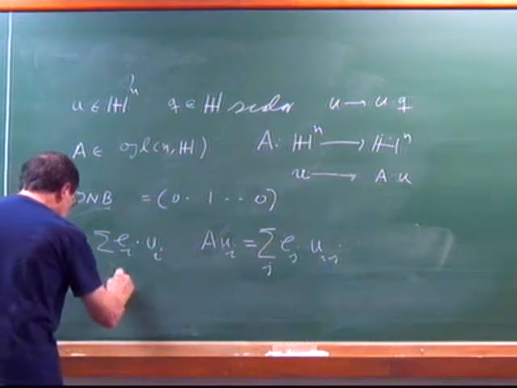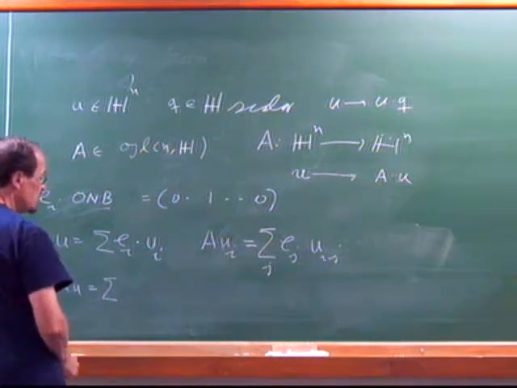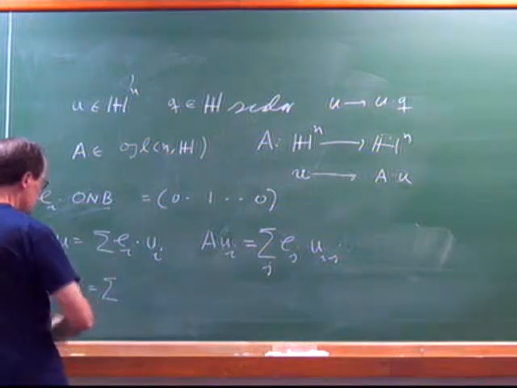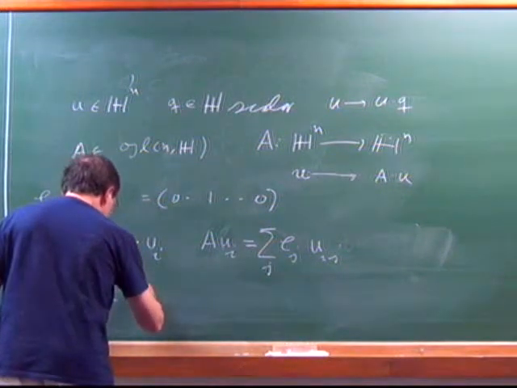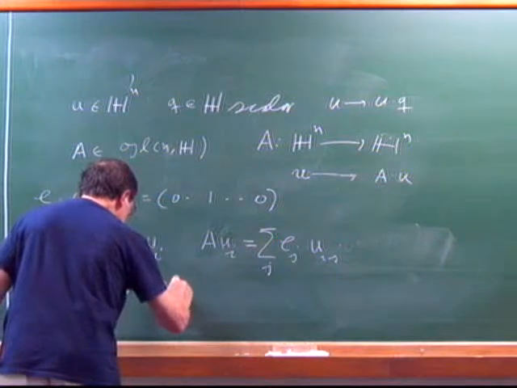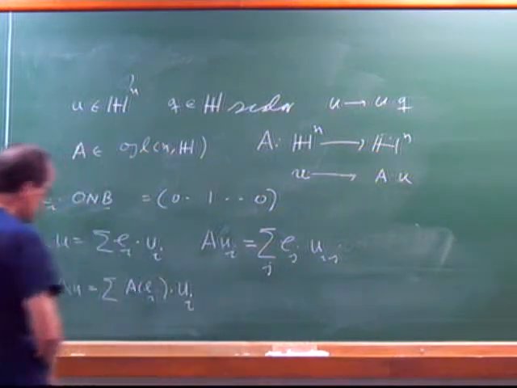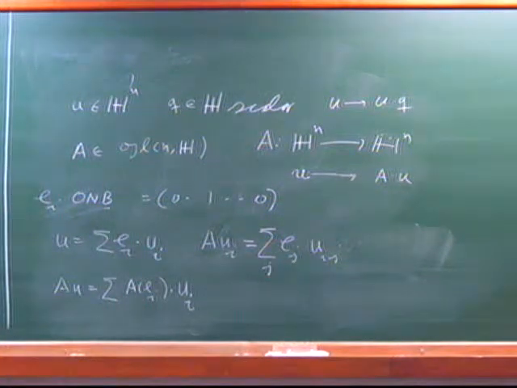I think I did this wrong in my notes. Au is, of course, summation A e_i times u_i. So now I'm using the fact that it acts on the right. It's a vector space over the quaternions on the right. So this comes out on the right. The u_i are quaternions, the components of the vector u.